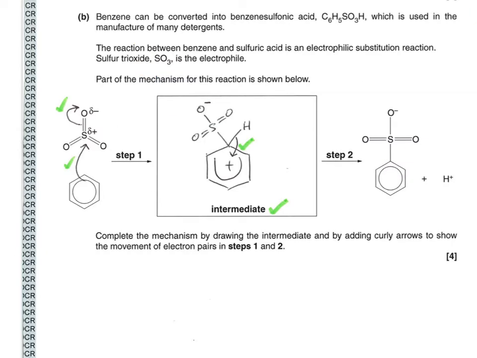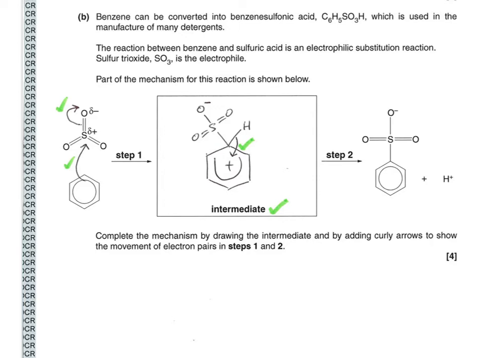The next part of the question is getting us to apply our knowledge of the electrophilic substitution reaction with something we're not familiar with. SO3 is not actually specified on the syllabus, and yet here it is in this question.